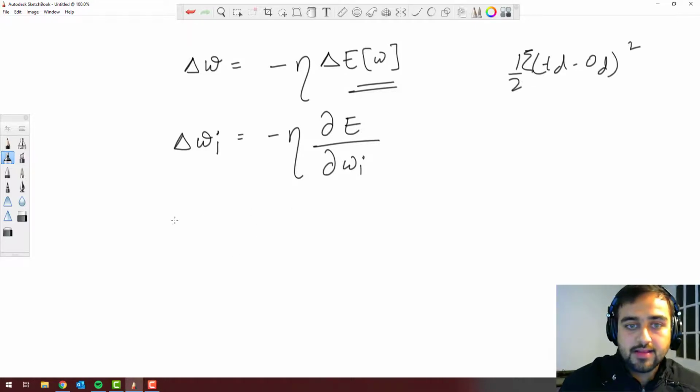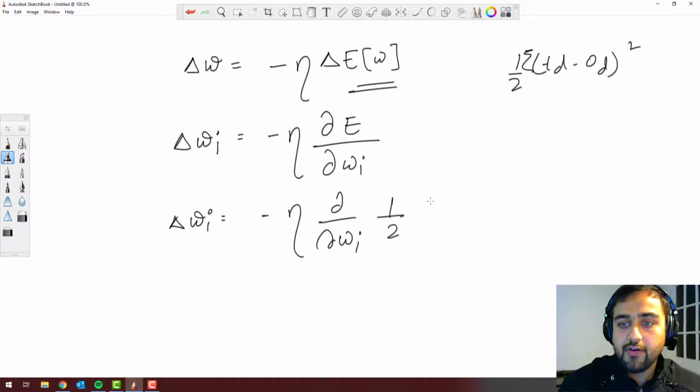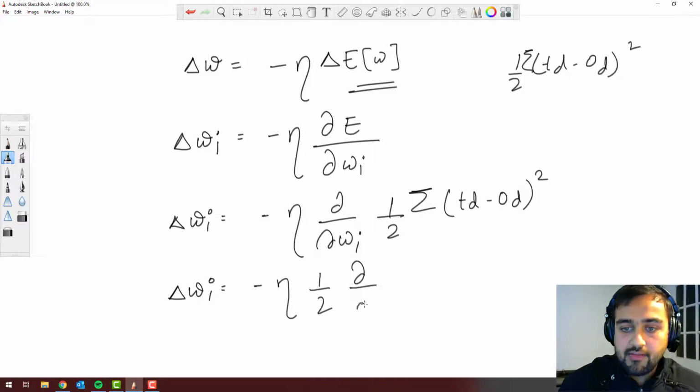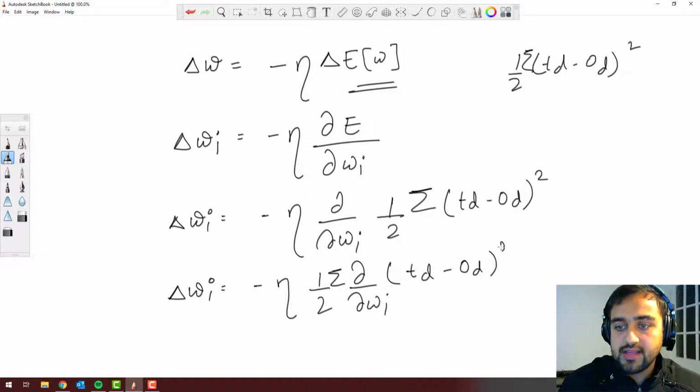So delta Wi is given as minus eta d by dWi half sigma TD minus OD squared. So this gives us delta Wi is equal to minus eta half d by dWi of TD minus OD squared.